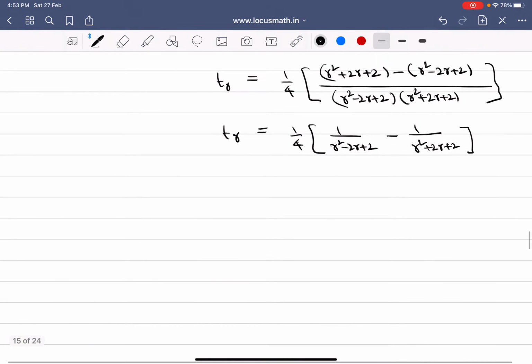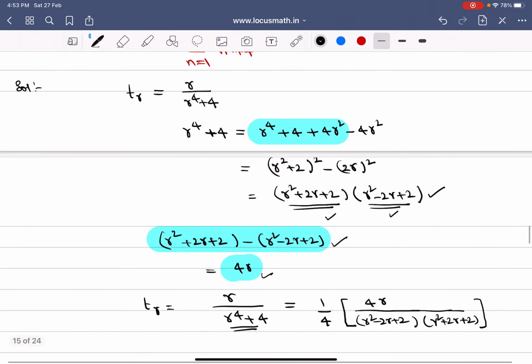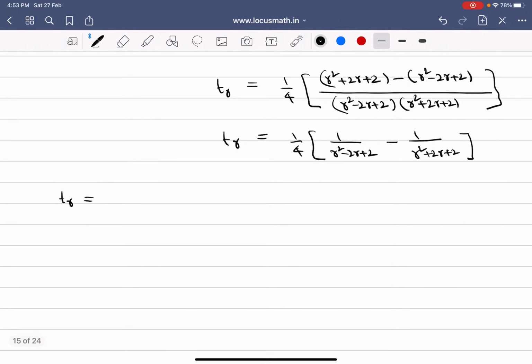Therefore the rth term, that is Tr, is r over r power 4 plus 4, equal to 1 by 4 times [1 by (r square minus 2r plus 2) minus 1 by (r square plus 2r plus 2)].